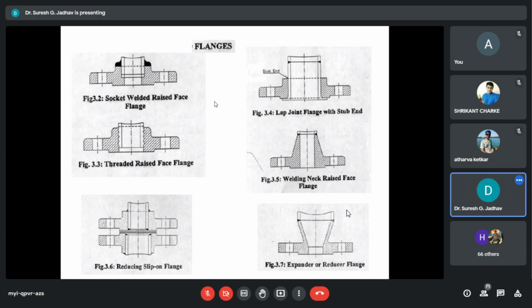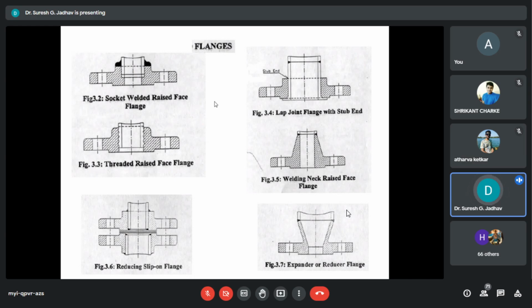Stub ends will be butt welded to the piping and the flanges are kept loose. The inside radius of these flanges is chamfered to clear the stub ends. Here we have to perform a chamfering process to clear the stub end radius.